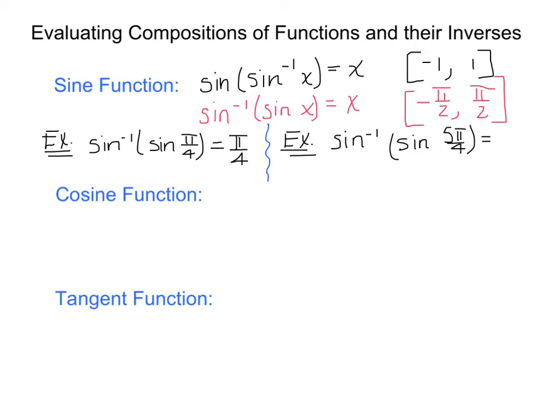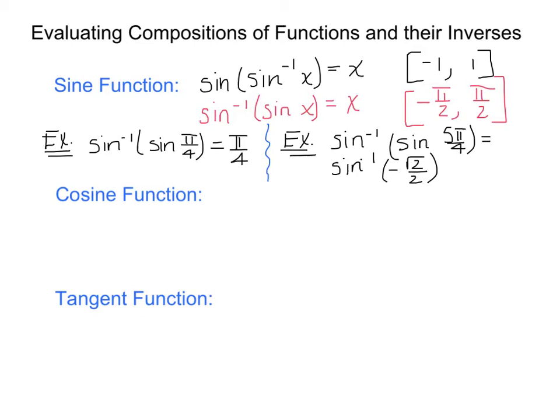It's actually larger than pi over 2, so we can't use that rule. We actually have to find sine of 5 pi over 4 first. Because 5 pi over 4 is in quadrant 3, sine of 5 pi over 4 is negative square root of 2 over 2.